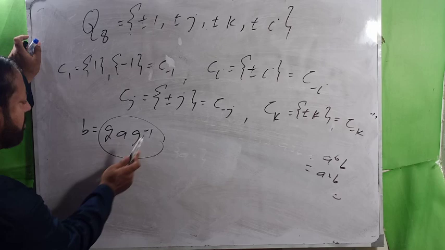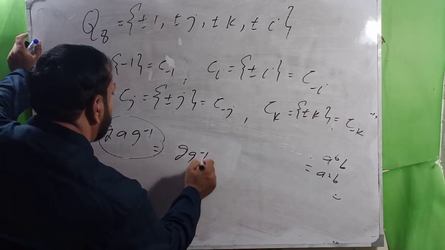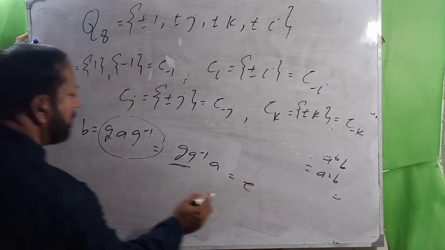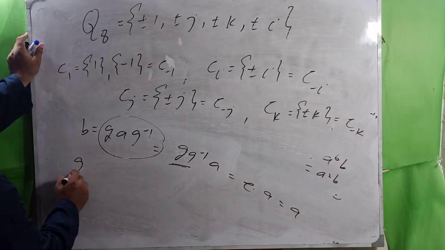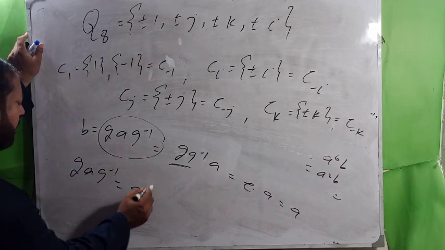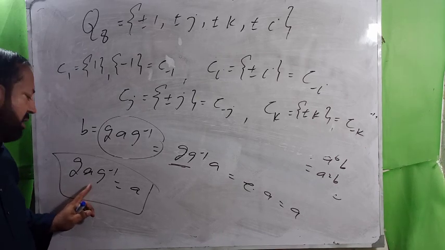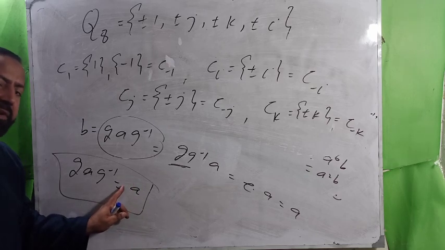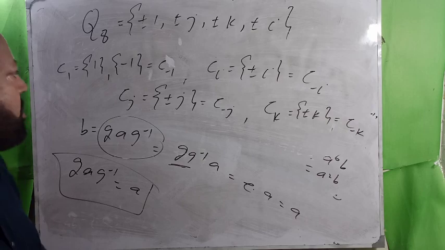Since G is abelian, you can commute, so you can write G inverse G A, which is equal to E into A. This is equal to A. So when G is abelian, then B is equal to A, so corresponding to every element A, C A contains just one element, which is A itself.